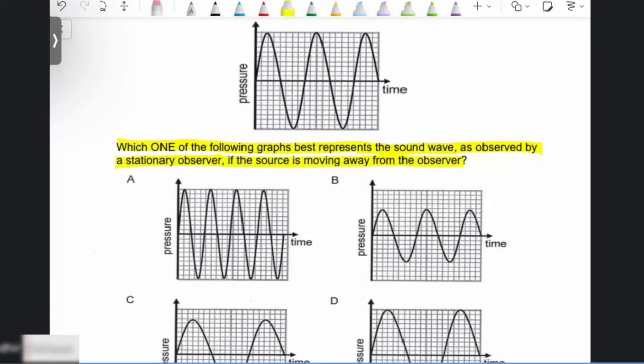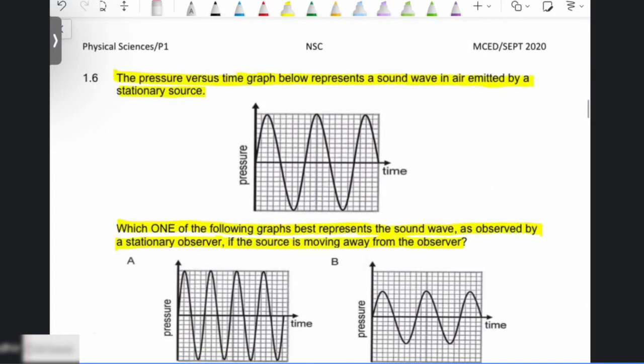So what you need to know is how fast this takes to complete one cycle, which is basically its frequency. For example, if it looks something like this, this will happen at a greater frequency, right?